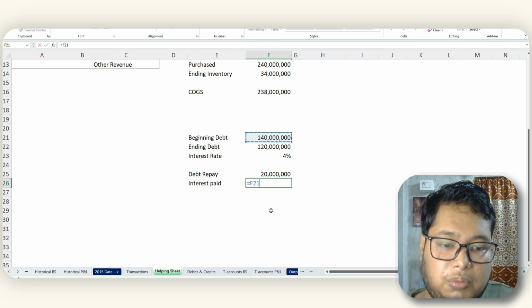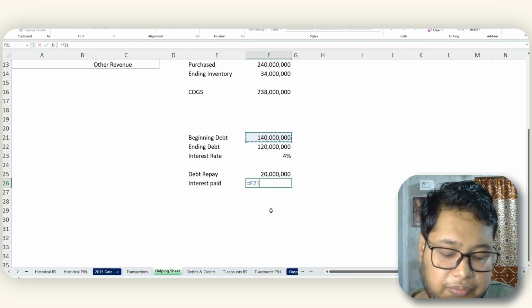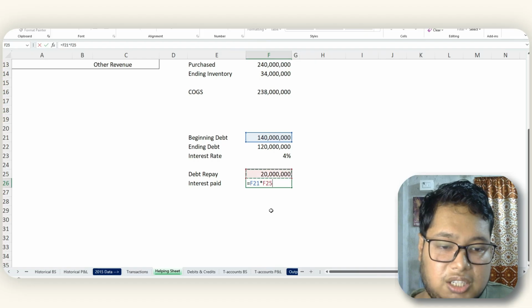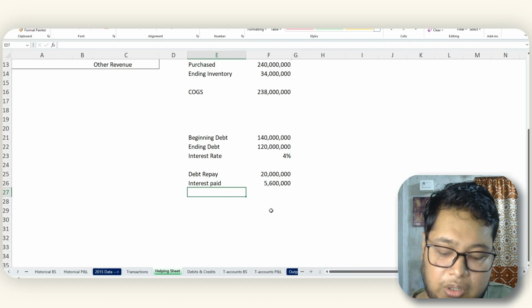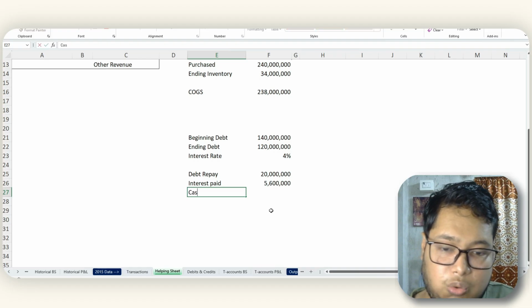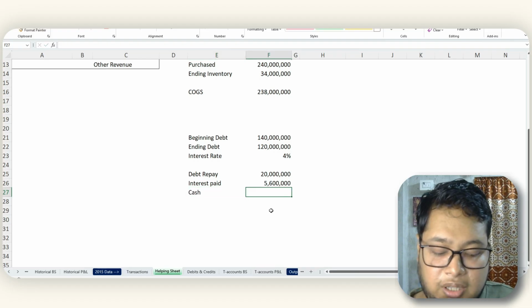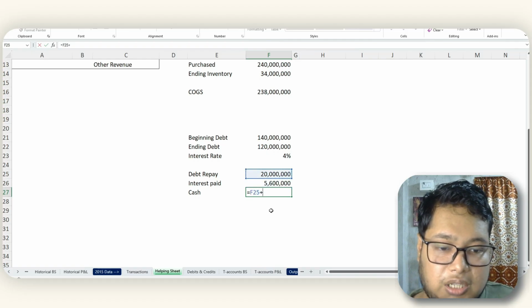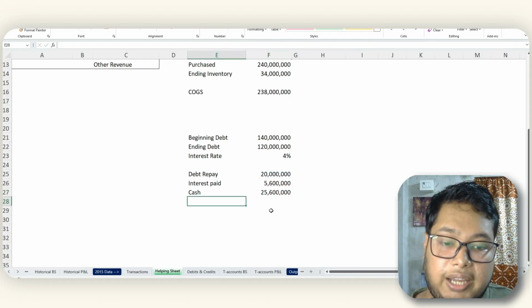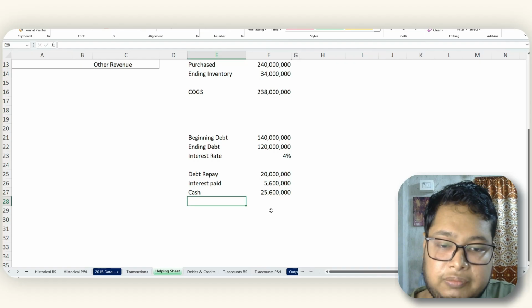So I have to multiply the beginning debt with this interest rate to get the interest paid. It's not an interest expense, that's all. So what is our total cash movement in this transaction? This plus this is the total cash movement we have made.